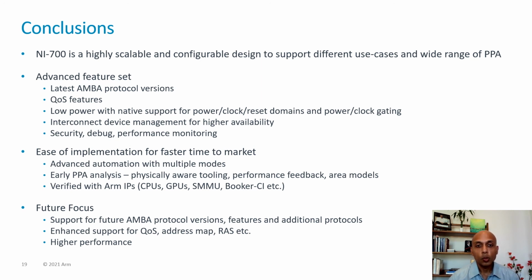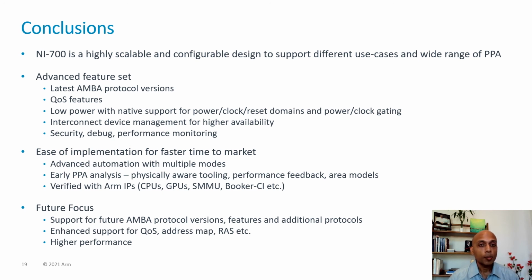And NI700 tooling is fundamentally physically aware. That speeds up timing closure. It comes with integrated performance feedback and an integrated area model with reports that let you analyze whether this is a good fit for your use case. And finally, the fact that NI700 is verified with other system IPs gives you greater confidence to be able to take it to market.